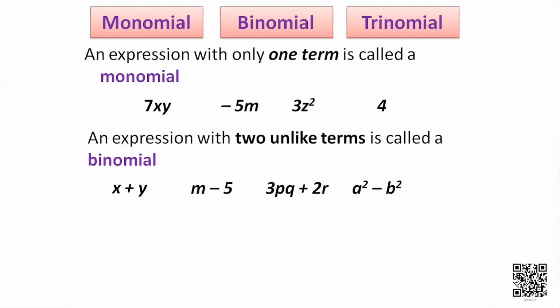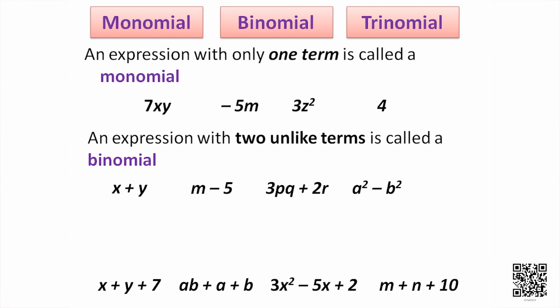So, I think now you must be very clear what would be next, that is trinomial, and you would have rightly guessed. Let us see: x plus y plus 7, ab plus a plus b, 3x square minus 5x plus 2, and m plus n plus 10. Each expression has three terms.